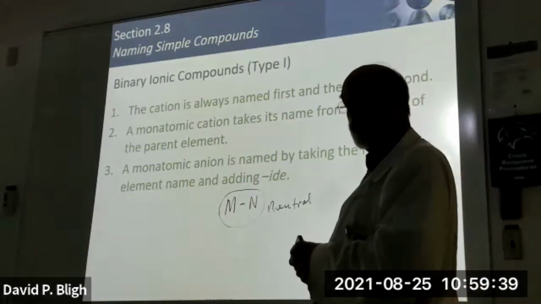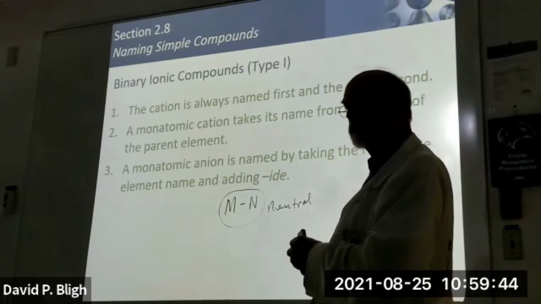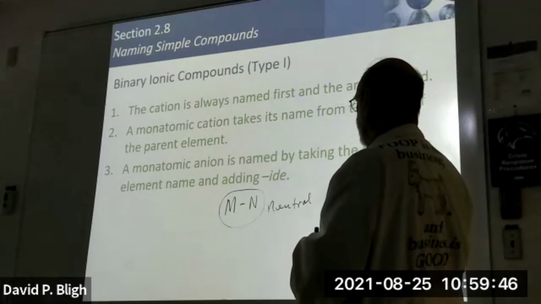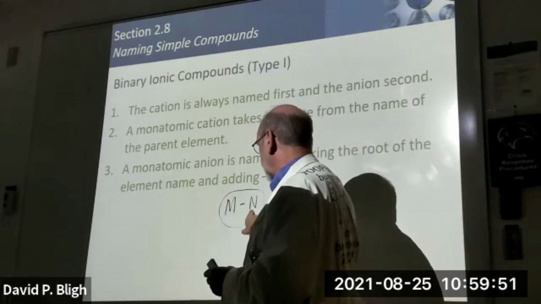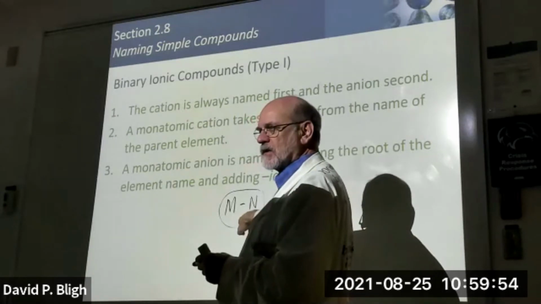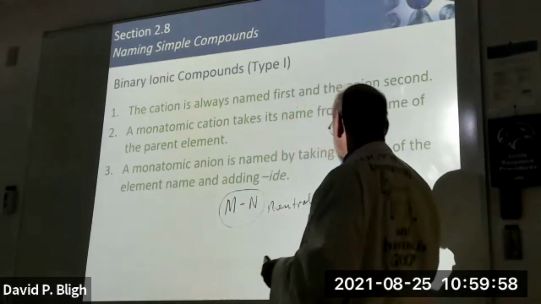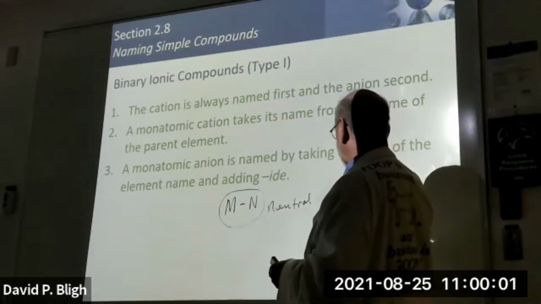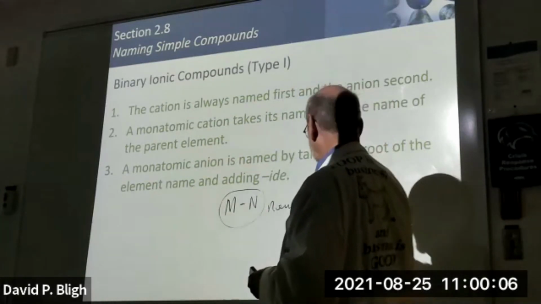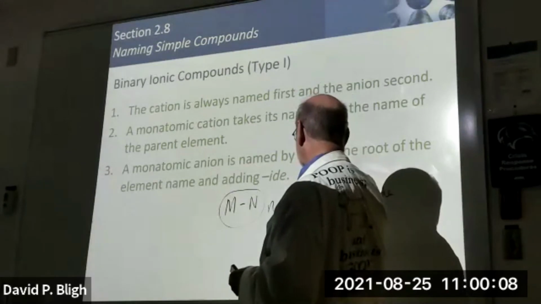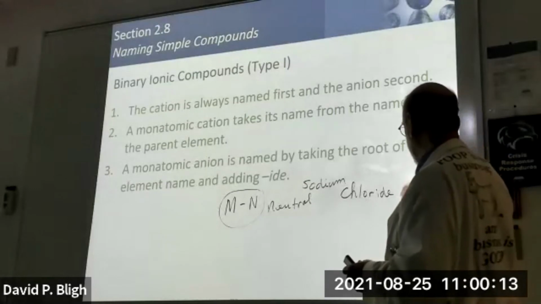Like the halogens are always going to be -1 in this environment. Chalcogens are always going to be -2. Then when we put the element in this position, we change the ending to -ide. So if it's derived from chlorine, we will say it's chloride. And if it's combined with sodium, sodium chloride is the name of this compound.